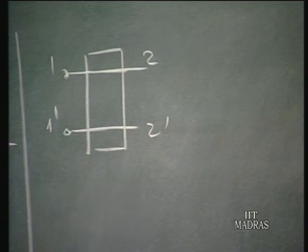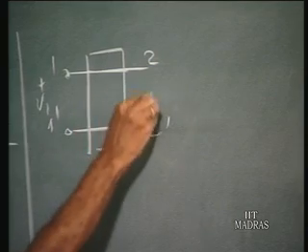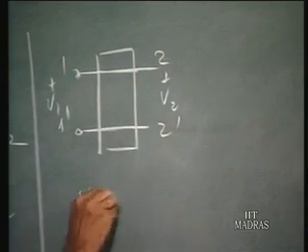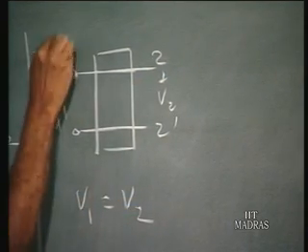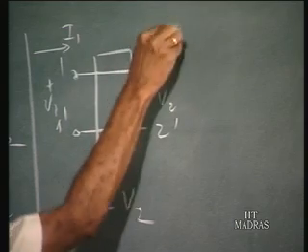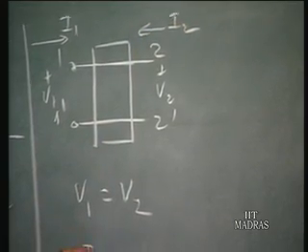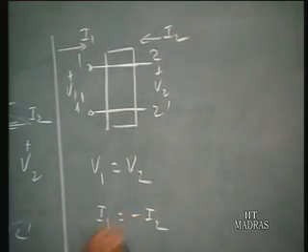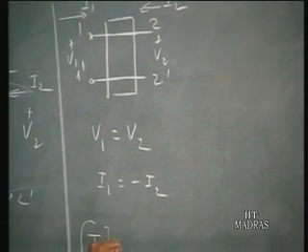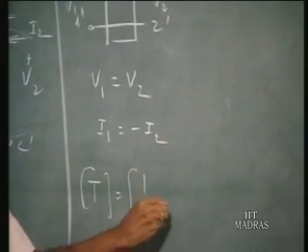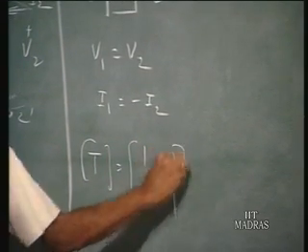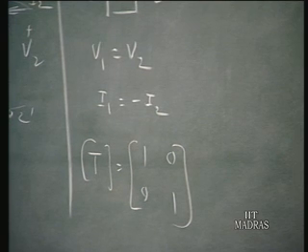So in this case, we have V1 equals V2 and I1 equals minus I2. Therefore, the chain parameters or the ABCD parameters exist, which is equal to 1, 1, 0, 0. Other parameters do not exist. You won't have Z parameters, you will not have Y parameters, you do not have H parameters for this two-port network.